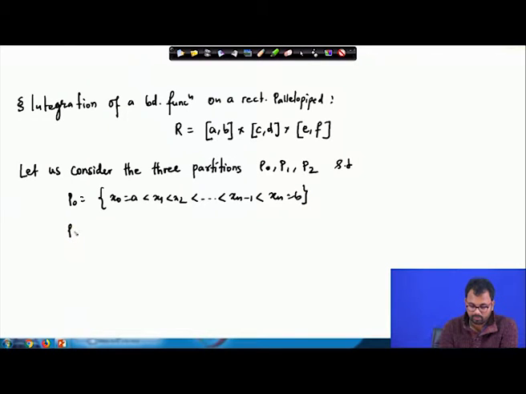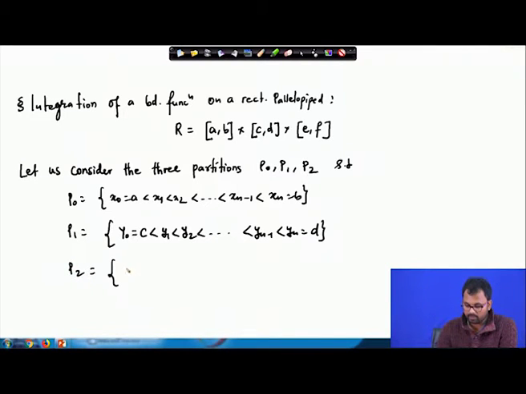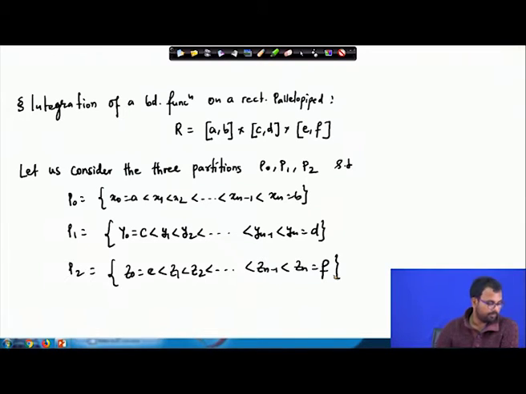Similarly, we can write P1 equals to y0 equals to c less than y1 less than y2 up to yn minus 1 less than yn equals to d. And similarly, P2 equals to z0 equals to e less than z1 less than z2 up to less than zn minus 1 less than zn equals to f.